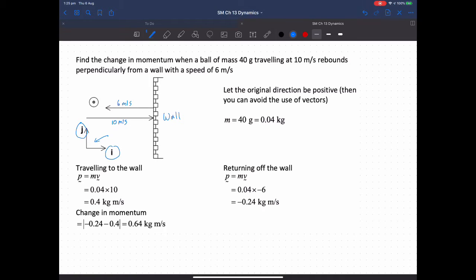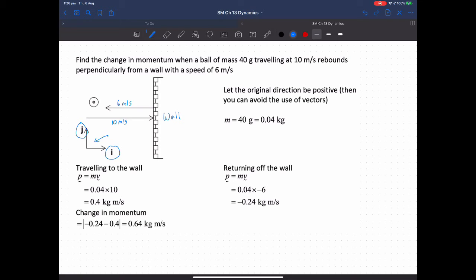The j direction is irrelevant. The ball is going straight to the wall and then bouncing straight off. The only thing that matters is the i direction. You can easily avoid writing the vector components in your answer.